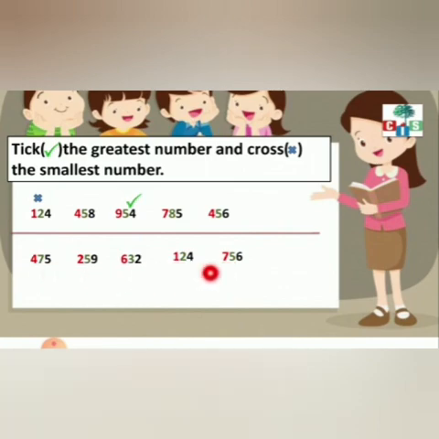So which is the greatest number? 7. So 756 is the greatest number. Now out of these 4, we have to find the smallest number. So here it is 4, here it is 2, here it's 6, and here it's 1. So 1 is the smallest. So I'll put a cross on 124. Now let's move to the next slide.